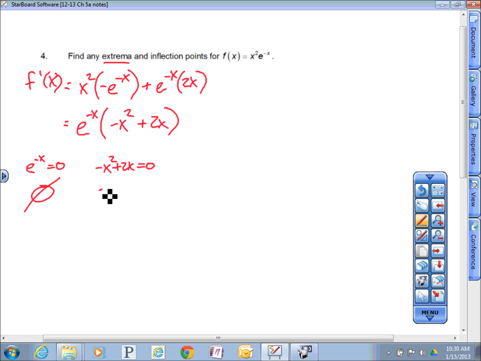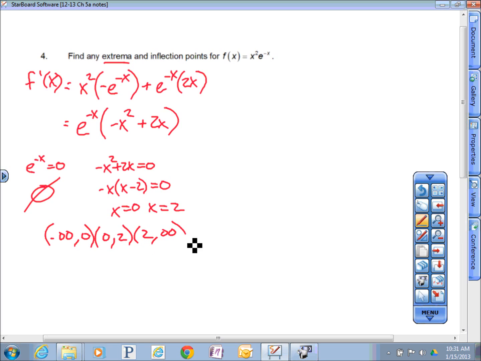So now if we go over here, negative x minus 2 is equal to 0. So it looks like x equals 0 and x equals 2. And then I could go through and I could set up my intervals, set them up, test them in the first derivative, tell me about my original function. So if I plug in a negative number, e to anything is going to be positive.